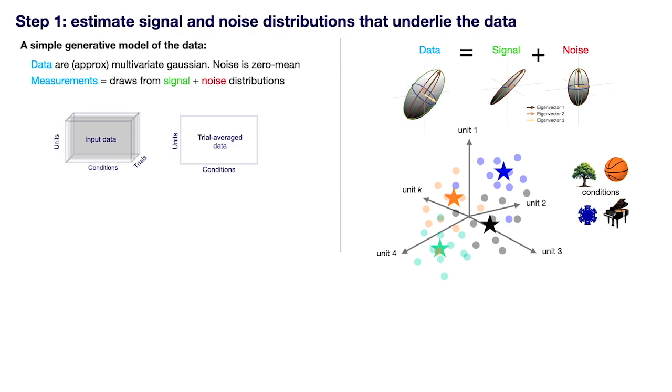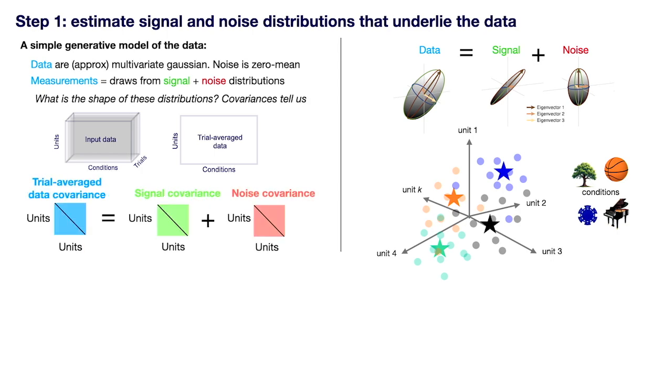So we want to know the shape of these multivariate Gaussians, and the covariance matrices associated with them is what tells us the shape. So in this generative model, we can think about the trial average data covariance as being the sum of a signal covariance component and a noise covariance component. And each of these are unit by unit matrices, and we want to estimate them.